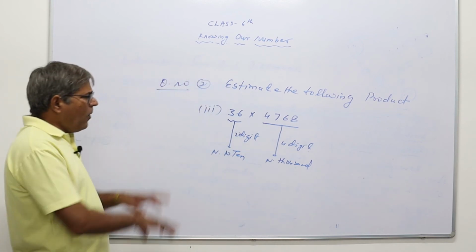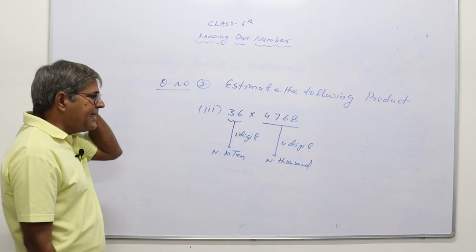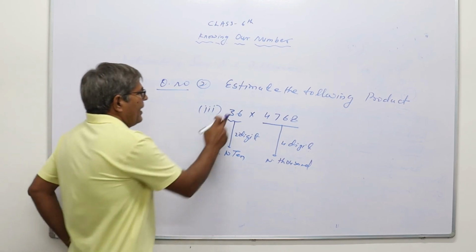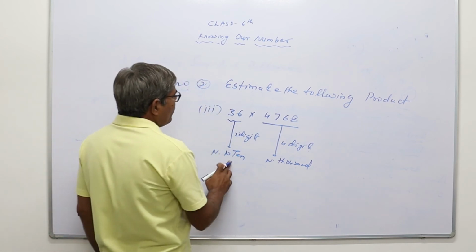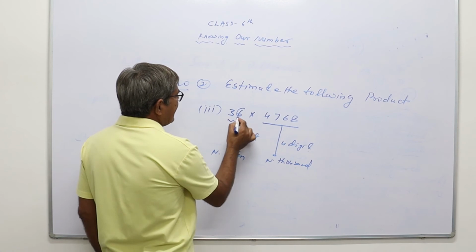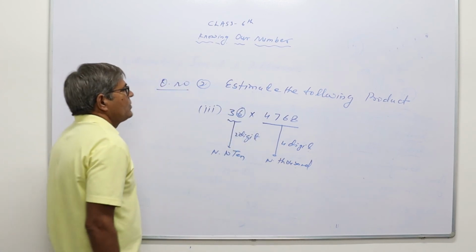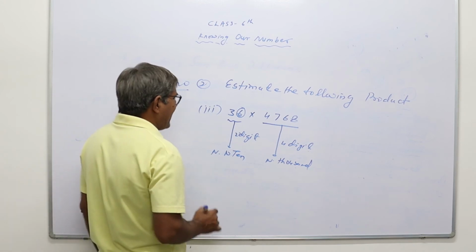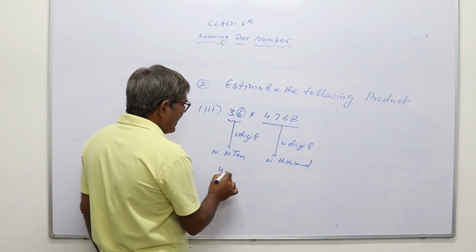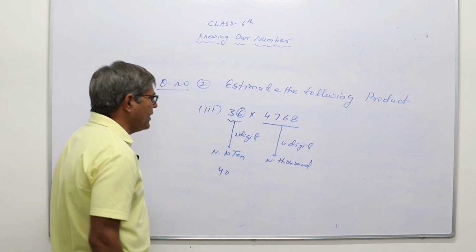So before estimating, see the general rule. Nearest to 10: see, the ones digit is 6, which is greater than 5. So the next digit will be increased by 1. So 3 plus 1 is 4, and ones will be replaced by 0.